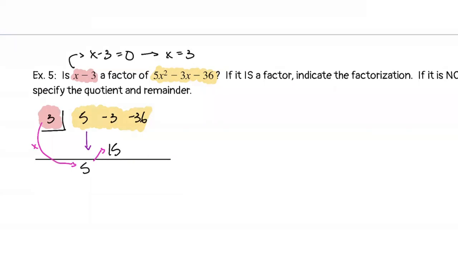I'm going to combine the negative 3 and the 15 by adding them, and I'm going to get 12. I'm going to take the 3 times the 12. I'm going to write that number here. 3 times 12 gives me 36. Negative 36, and I have a positive 36. I'm going to combine those by adding them, and I get a 0.